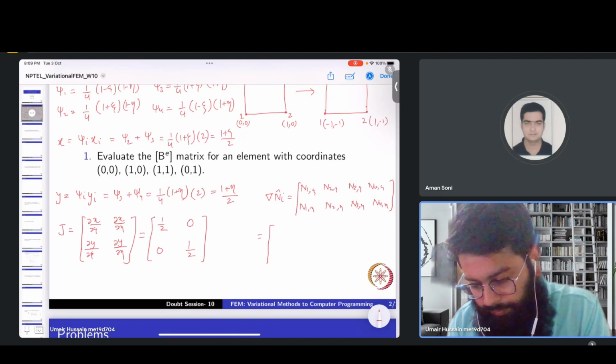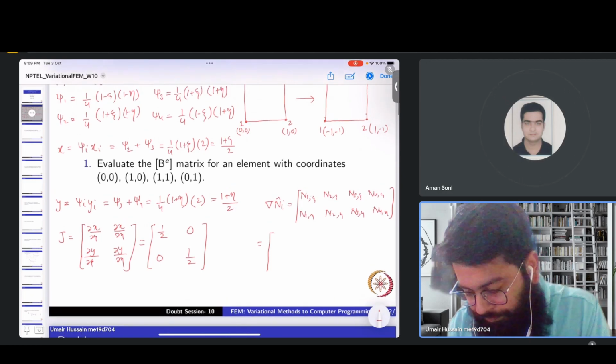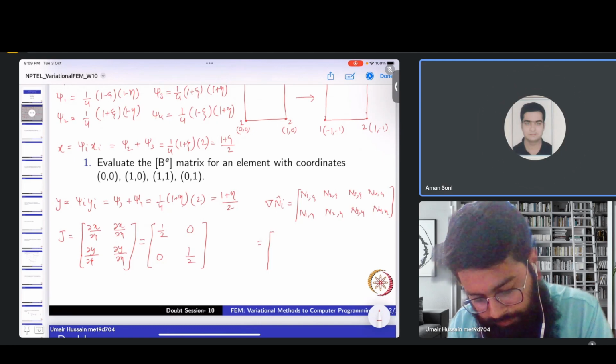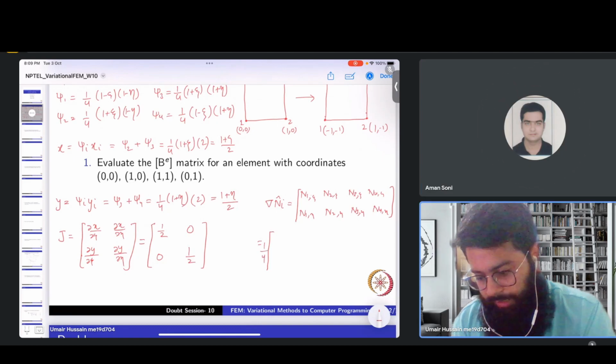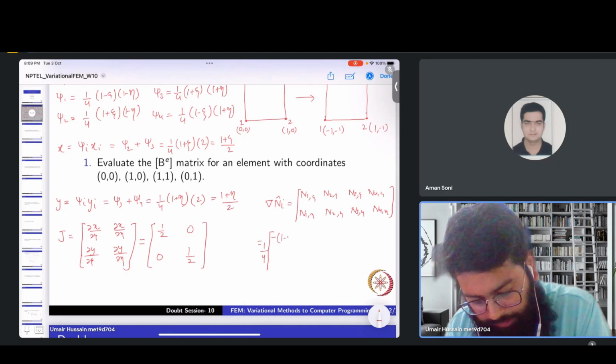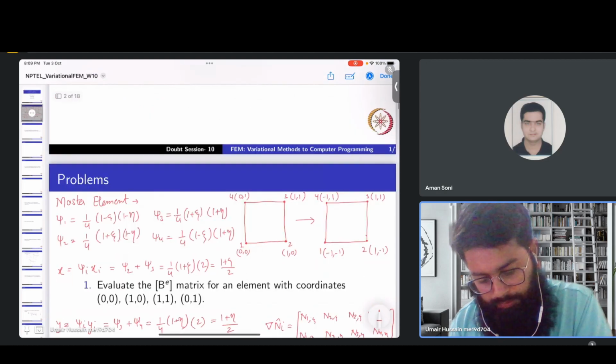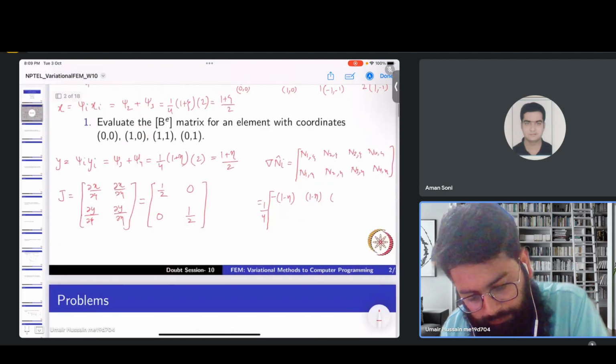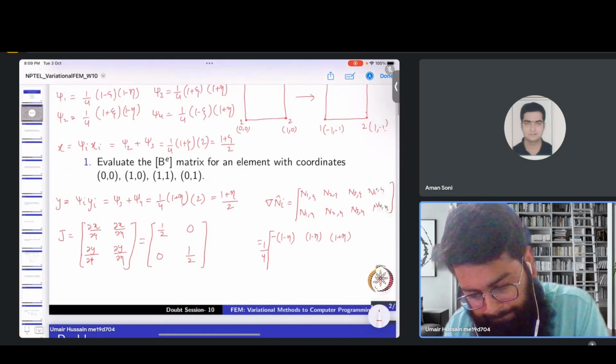So this would be 1 by 4, we can take common everywhere, times minus 1 minus eta, 1 minus eta, 1 plus eta, minus 1 plus eta.